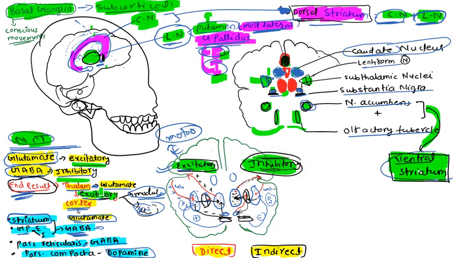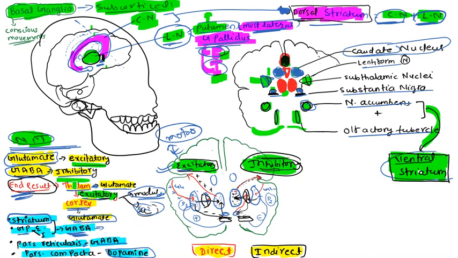The excitation and inhibition depend upon how much the pathway is being inhibited. If excitation is inhibited in more amount, that will be inhibitory, and if excitation is inhibited in very less amount, just disinhibition occurs, so that is called excitatory.